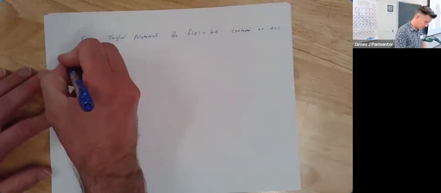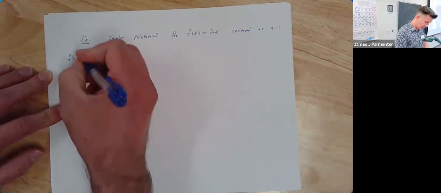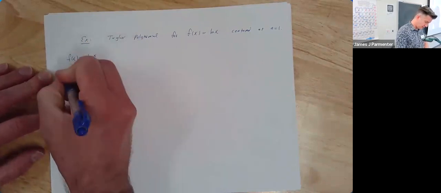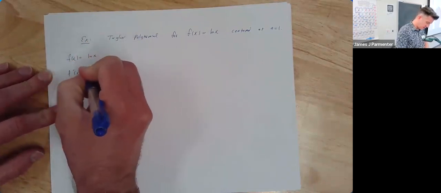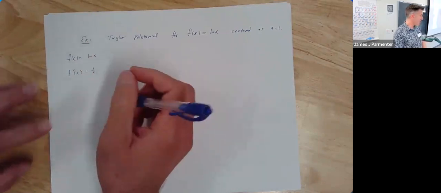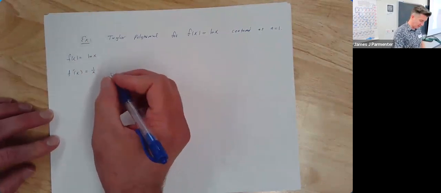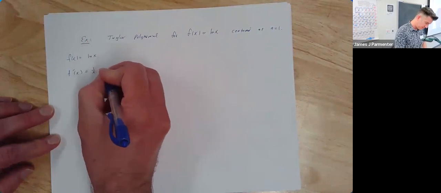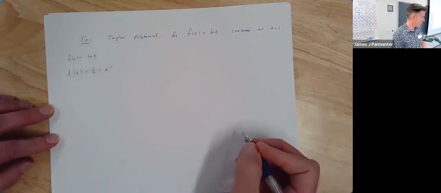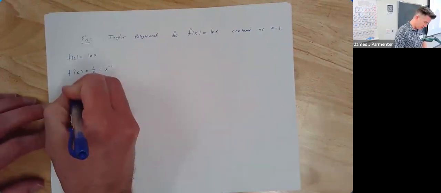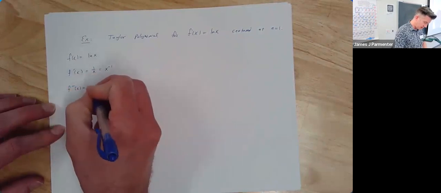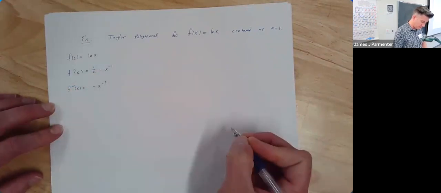So my function is natural log of x. The first derivative is 1 over x, which since I know I'm going to be taking a few more derivatives, I'm going to prefer to write as x to the negative 1. Then my second derivative is going to be negative x to the negative 2.